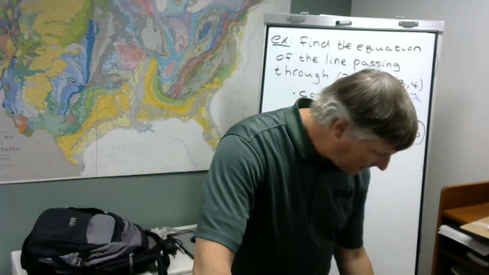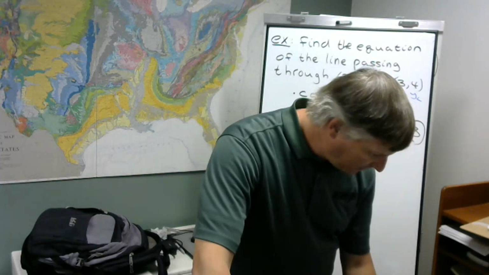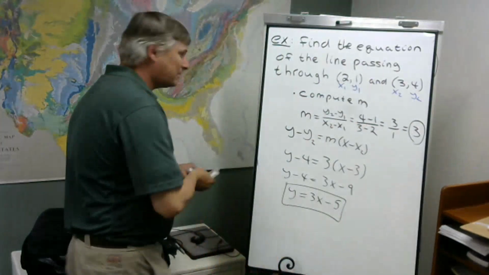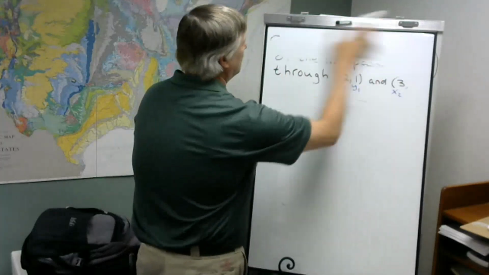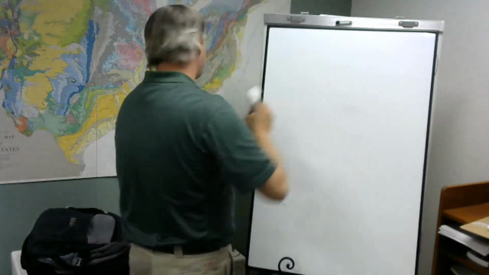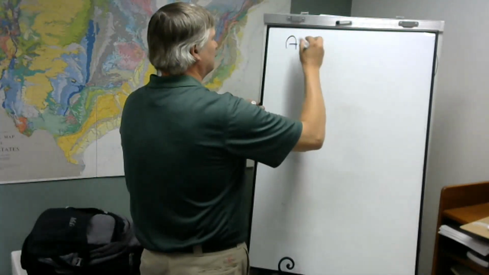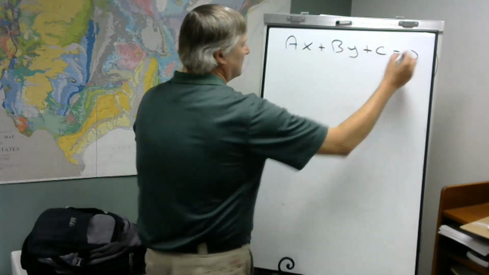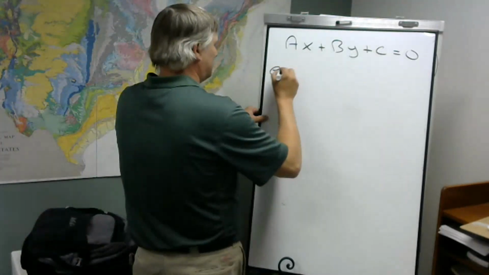Now let's see here, some other things that do come up. The other form of the equation for a line is what's called standard form. And typically what happens with standard form is you're going to usually convert it to slope-intercept form. So standard form is like this. So, for example, you might have something like this.